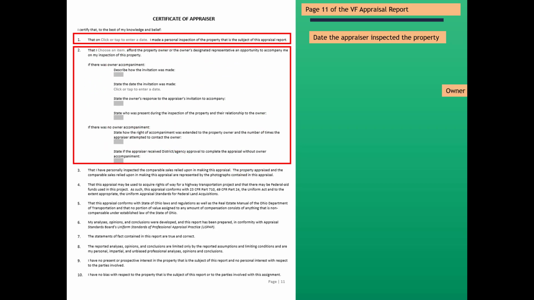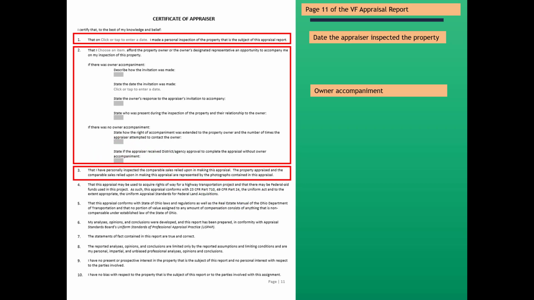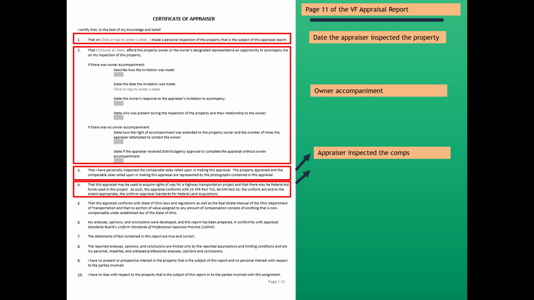Number two, owner accompaniment. Number three, the appraiser inspected the comps. Number four, the appraiser has to comply with 23 CFR Part 710 and 49 CFR Part 24.